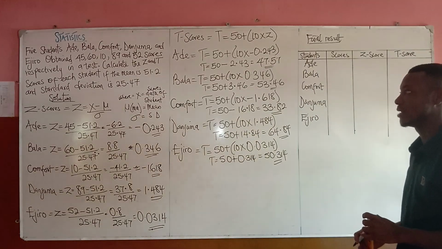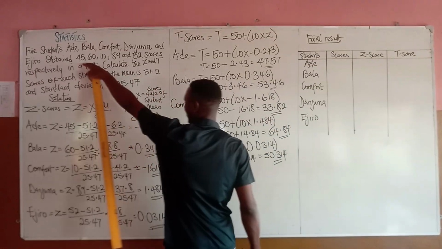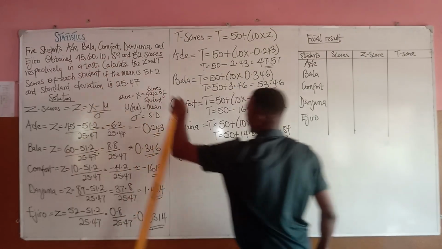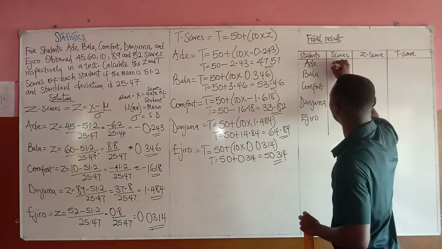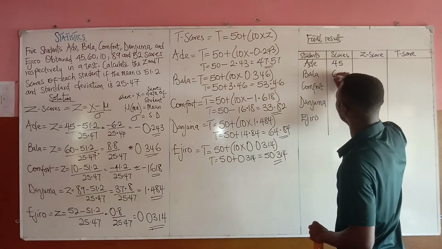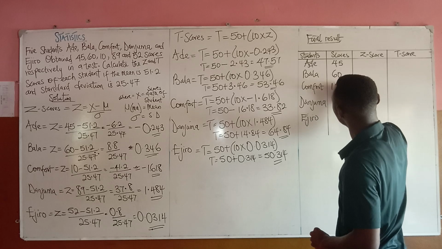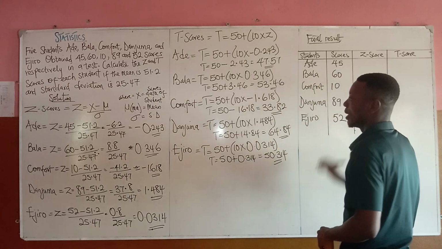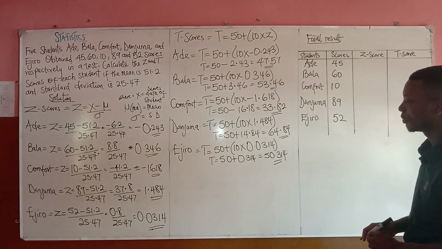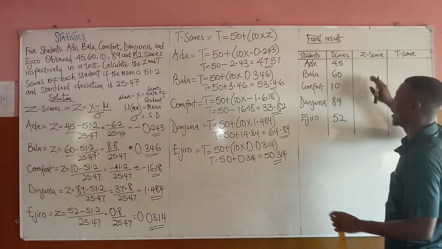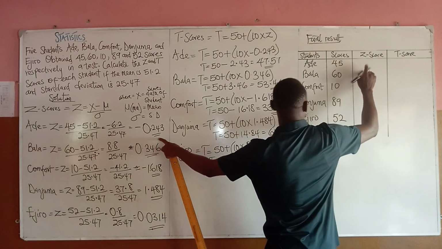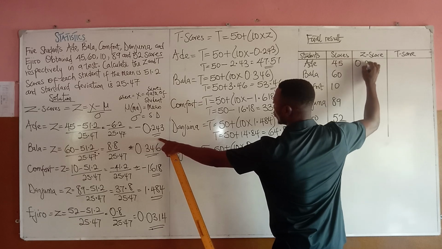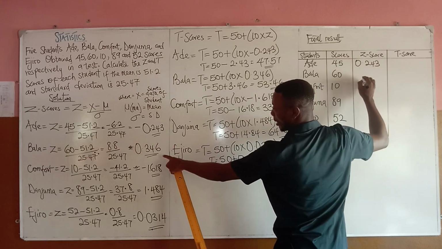Now we are going to get their scores and add them. These are their scores: 45, 60, 10, 89, and 52. Now that we've gotten their scores, what do we do next? We get their Z score. So Ade's Z score is 0.243.